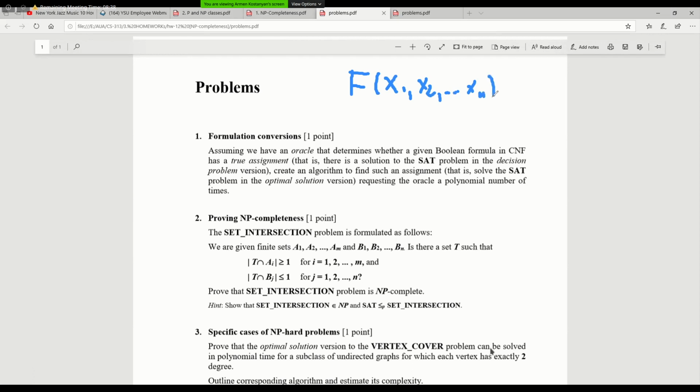We can substitute x1 equal to 1, and suppose as a result we get formula f1, which consists of n minus 1 variables, x2 and so on xn, and f0.